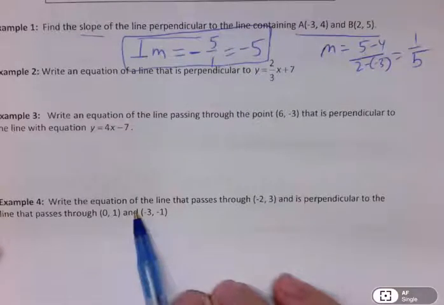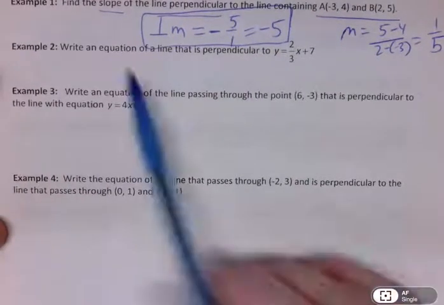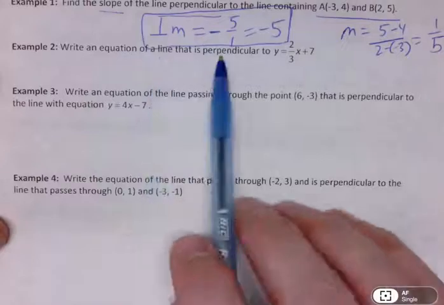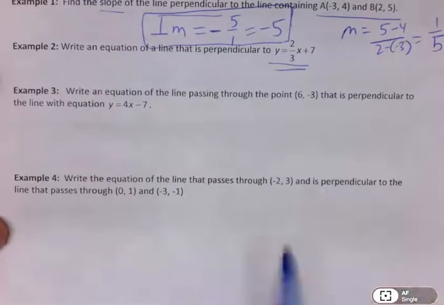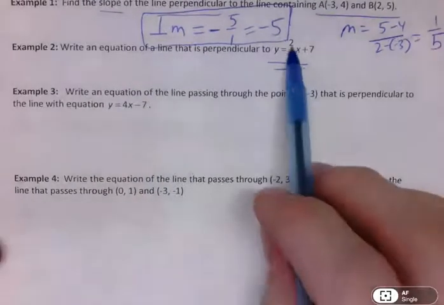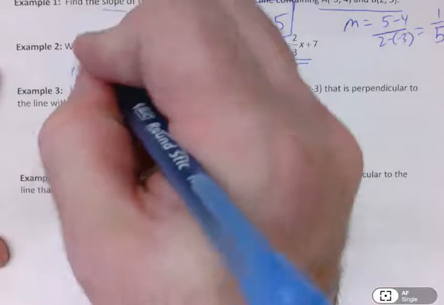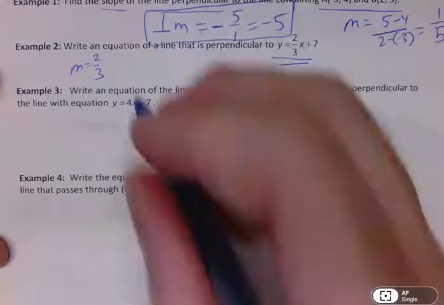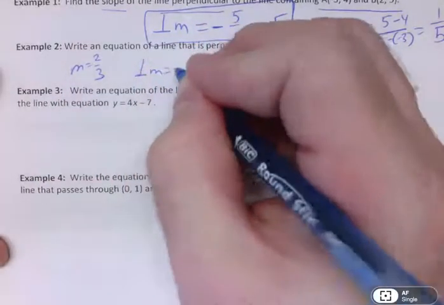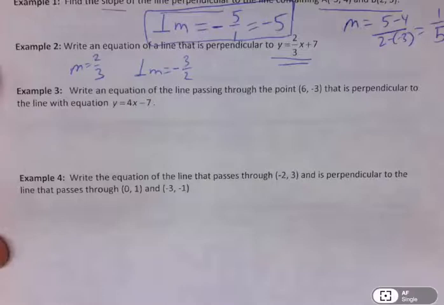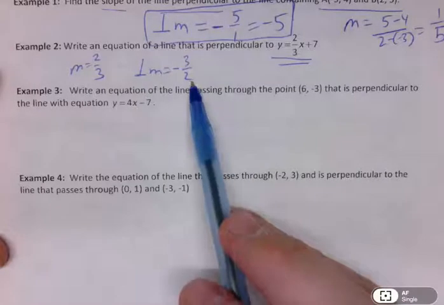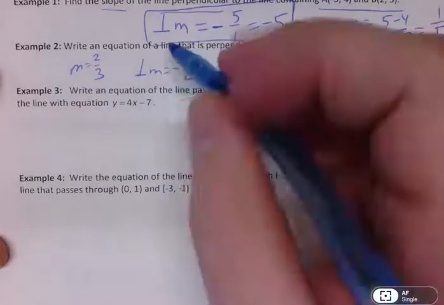Okay? For number 2, it says write an equation of a line perpendicular to this line. So this time they're actually giving me the equation of the line. What's the slope? 2/3. So the original slope is 2/3. The slope perpendicular will be -3 over 2. And they don't give me the b value, right? They just say write an equation of a line.